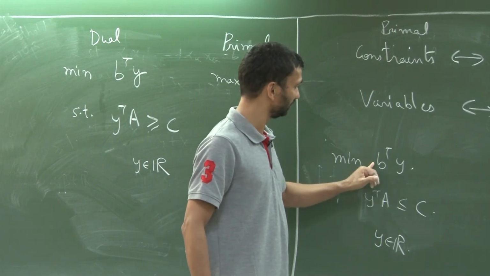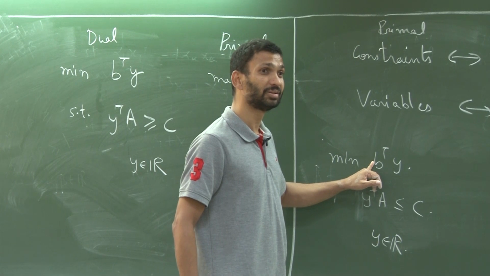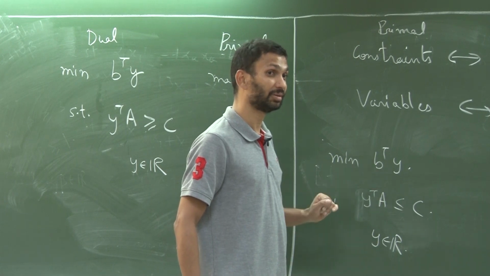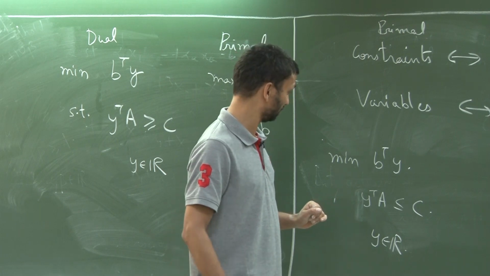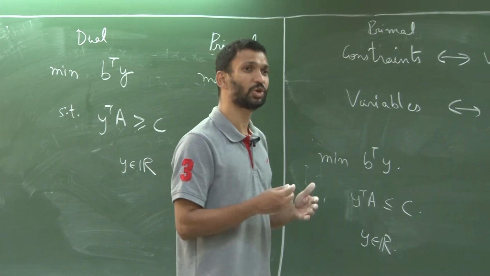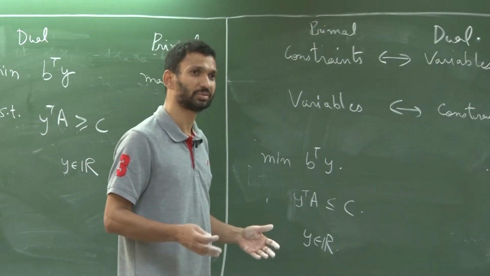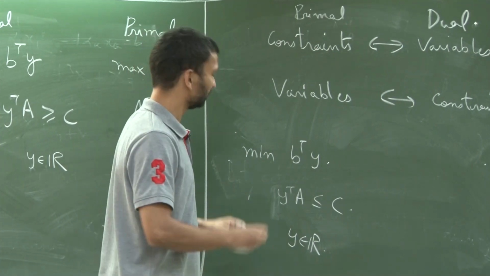So that I get something which is... Depends, is your C a column vector or a row vector? Okay, let me do this.